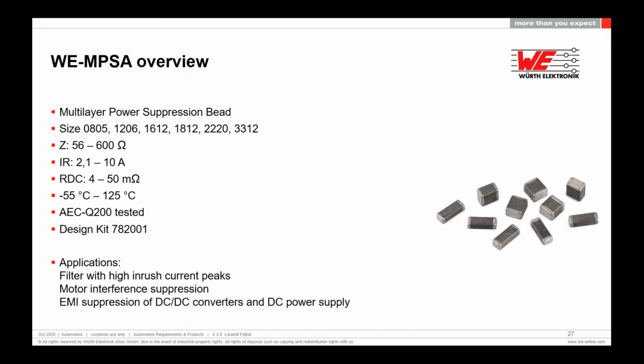This is the multi-layer power suppressor ferrite beads, which are also pulse tested. If you go to our website and open the Red Expert section, you will see that it is also described in the data sheet. For these ferrite beads we give information about how high the inrush current can be for a short time.